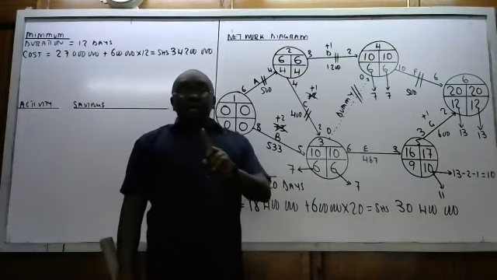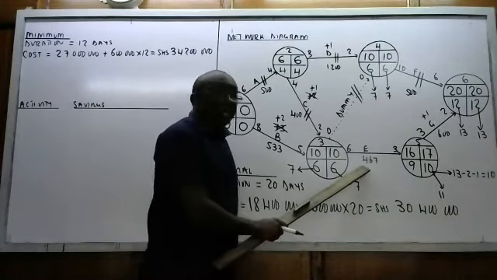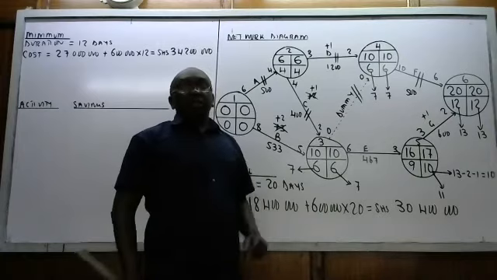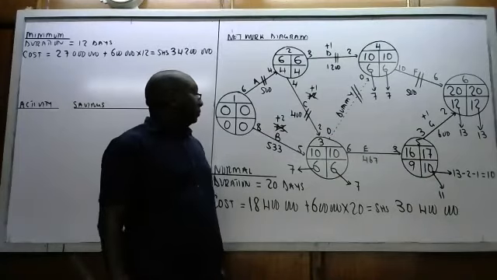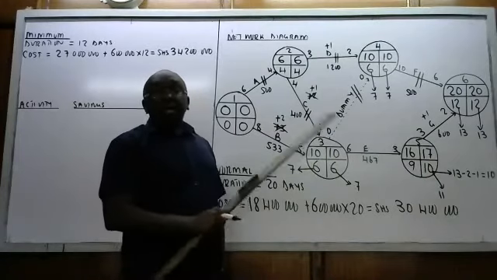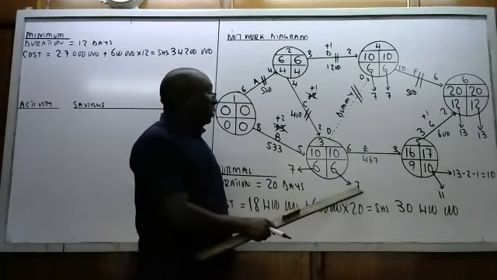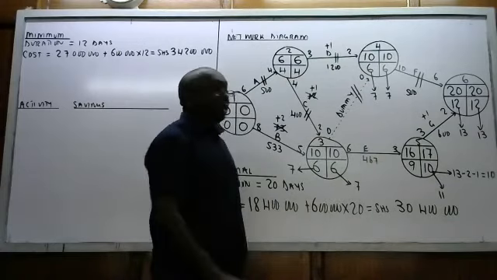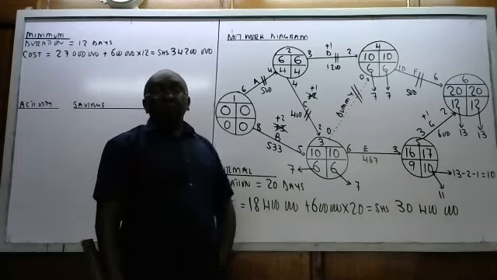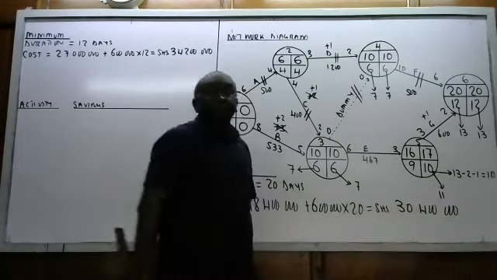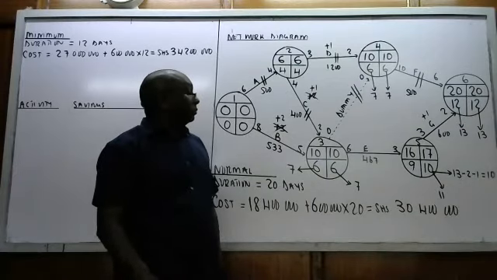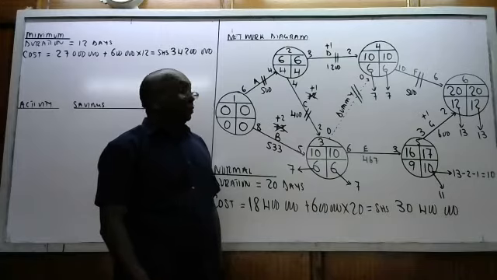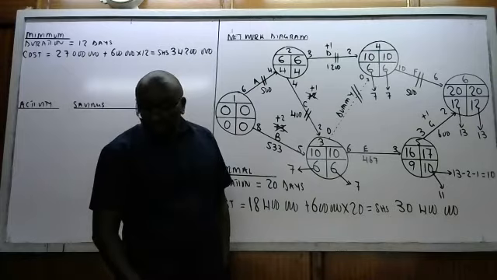So let's see whether this one, which is preceding, will allow this one to start by day 10. E can start day 7. So we will say 7 plus 3 is equal to 10. So are we going to be late here? No. You're not going to be late.